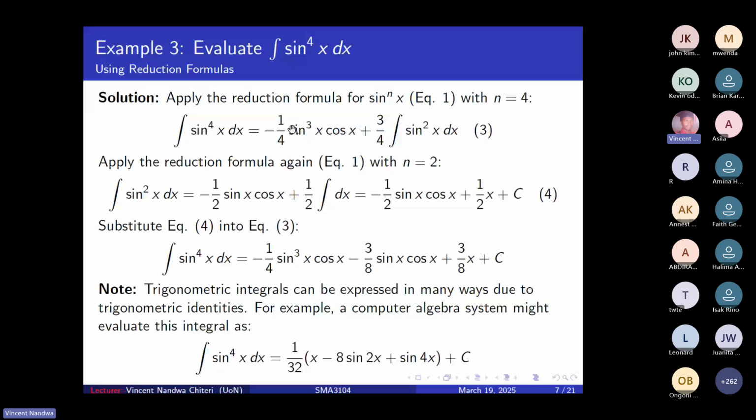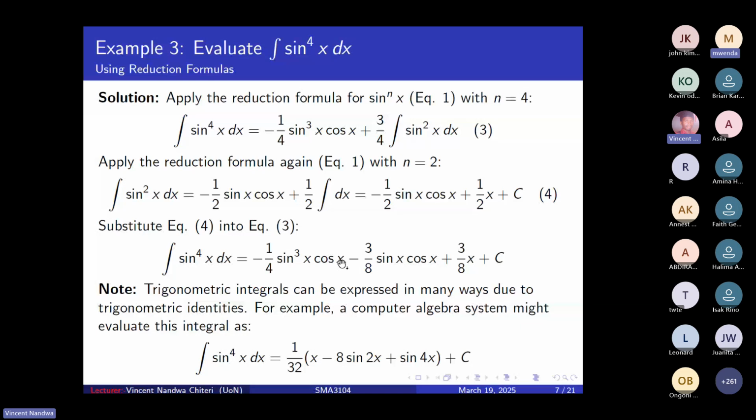When you do that, 3 over 4 times -1/2 gives you -3 over 8 sine x cos x, plus 3 over 4 times 1 over 2, the same as 3 over 8 x, then plus c. So this will be the full integral.